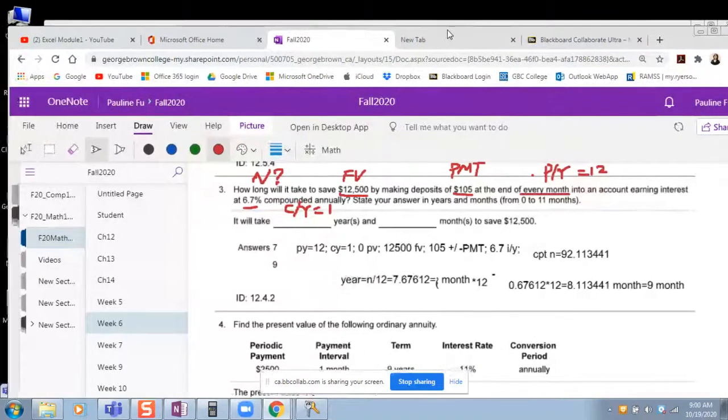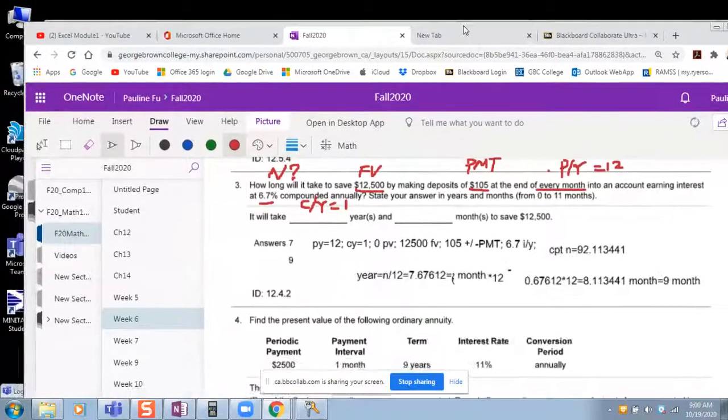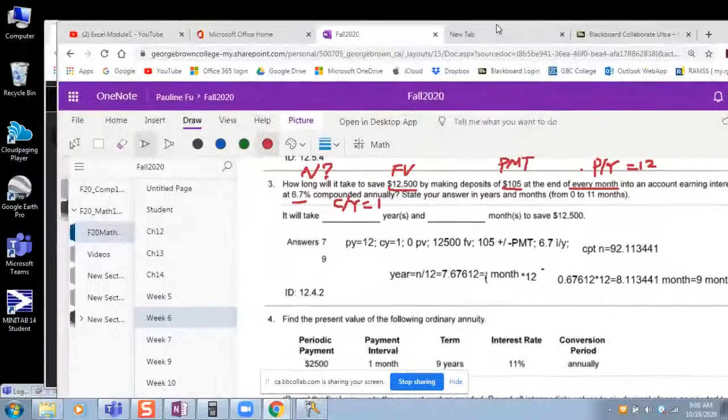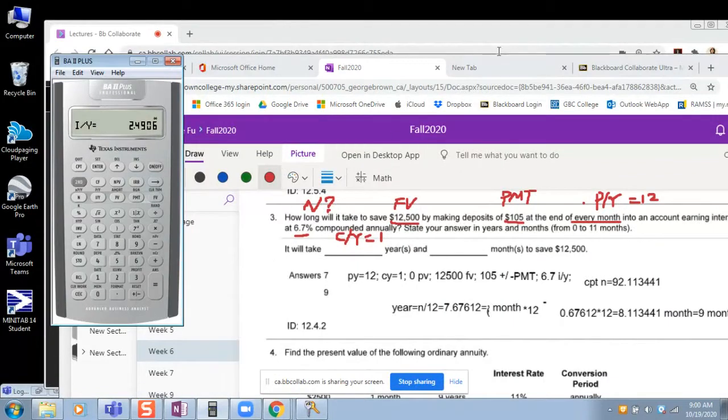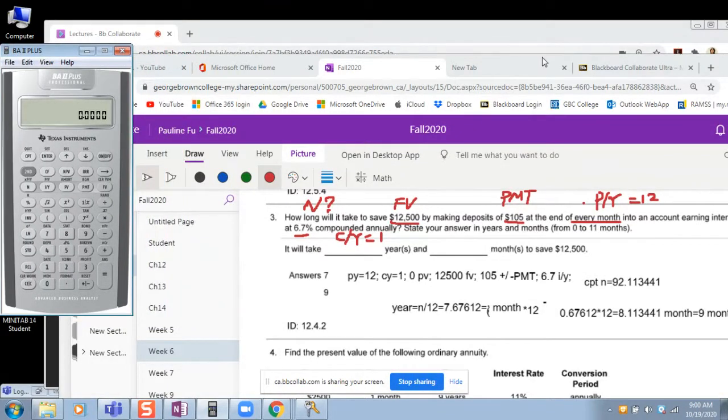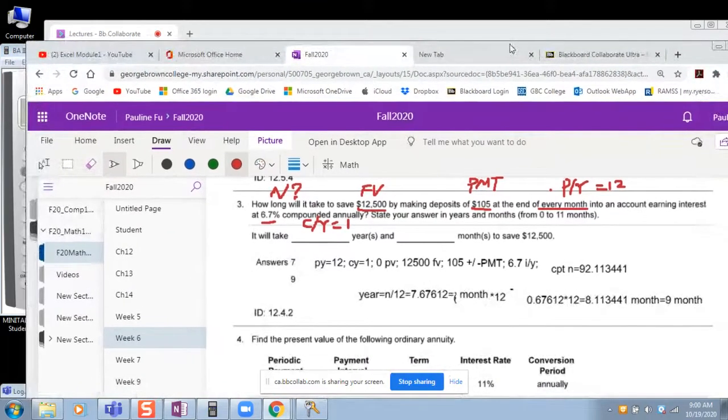All right, so calculator. Second, quit. Maybe I want to adjust my screen so that you can see the question.